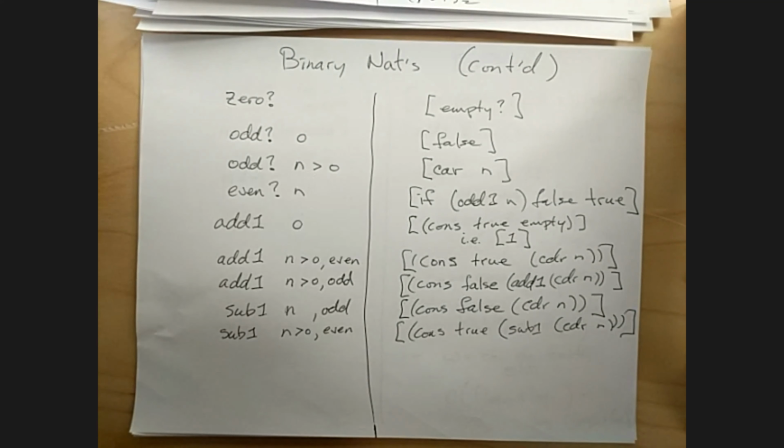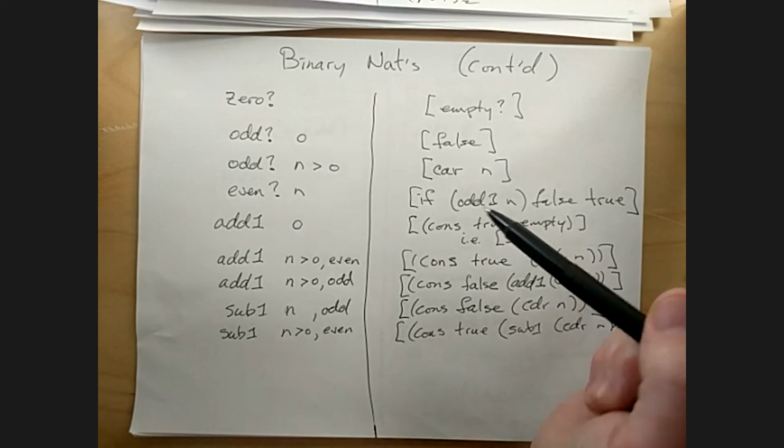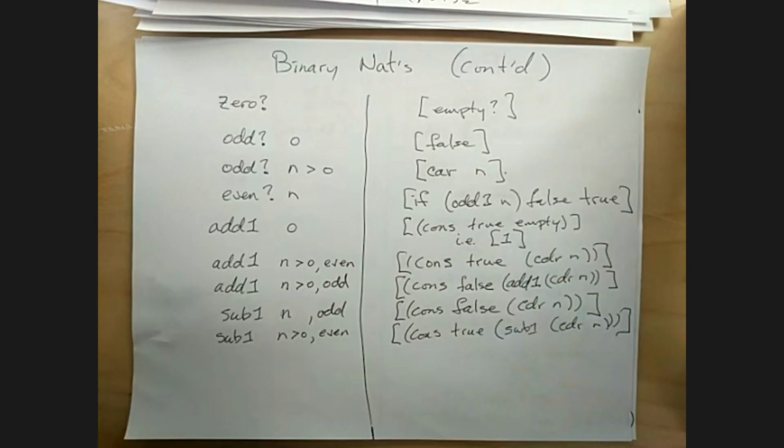If the number is not 0, we know that it's odd if the first digit in its representation is true. So odd is just the car of the number, provided the number is non-zero. If the number is 0, it doesn't have a car.